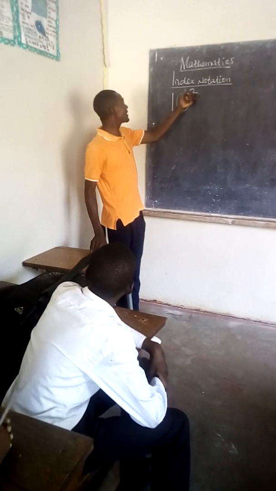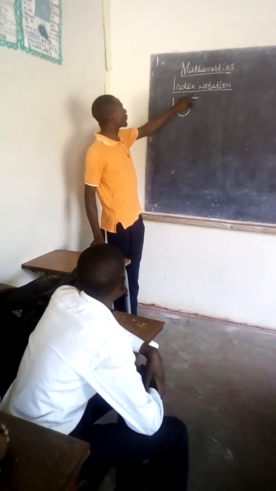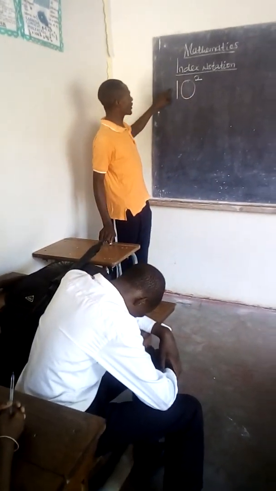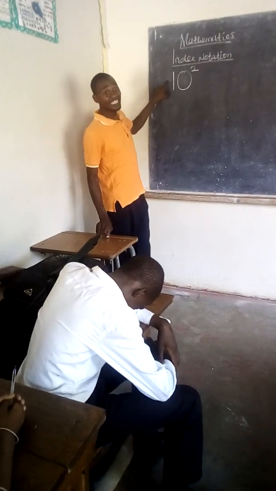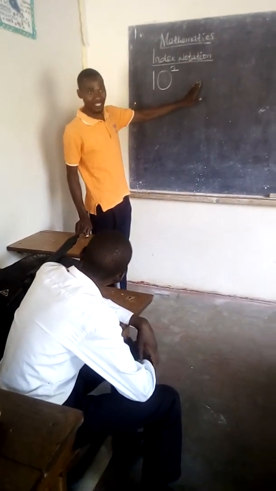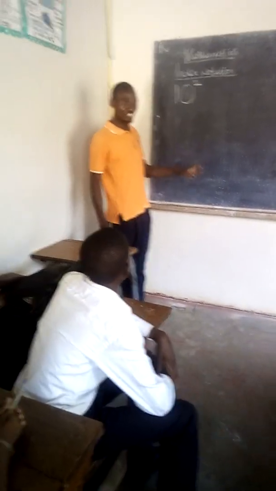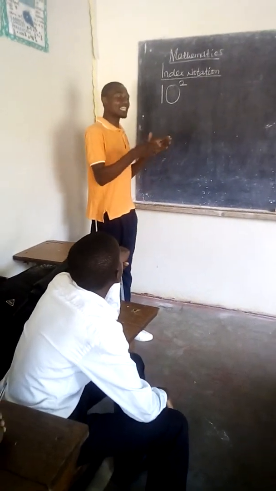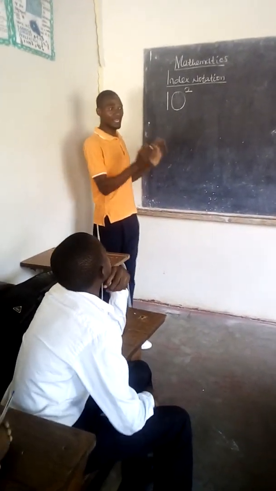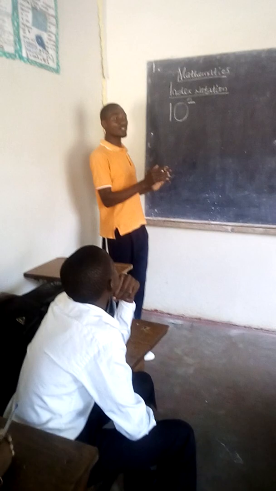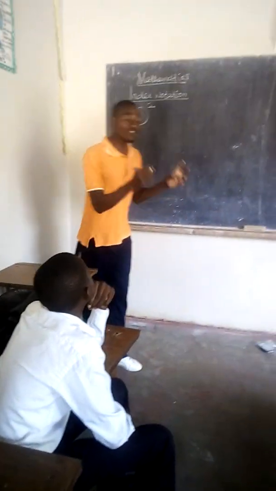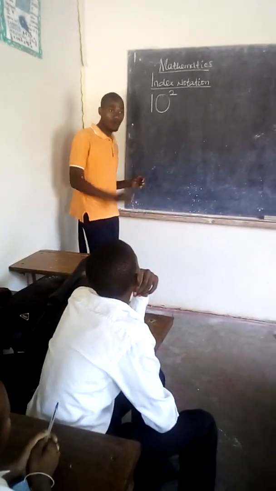This is what we call index notation. Index notation is written in short form, where the number, the base, has a power, the number on top.